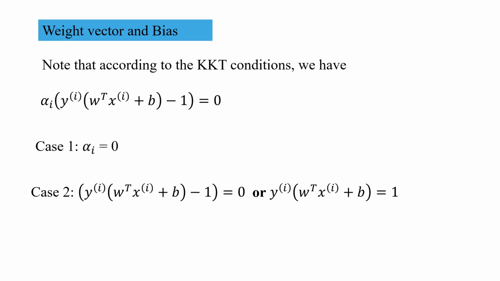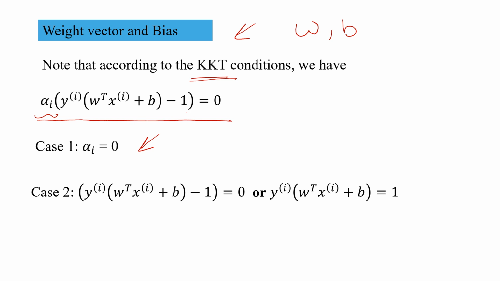So, having obtained the alpha i's, now we wish to find the weight vector and the bias, the w and b, which will define our decision boundary. According to the KKT conditions, we have this product, alpha i multiplied by this value, equal to 0. So, this gives rise to two cases since there are two components in this product.